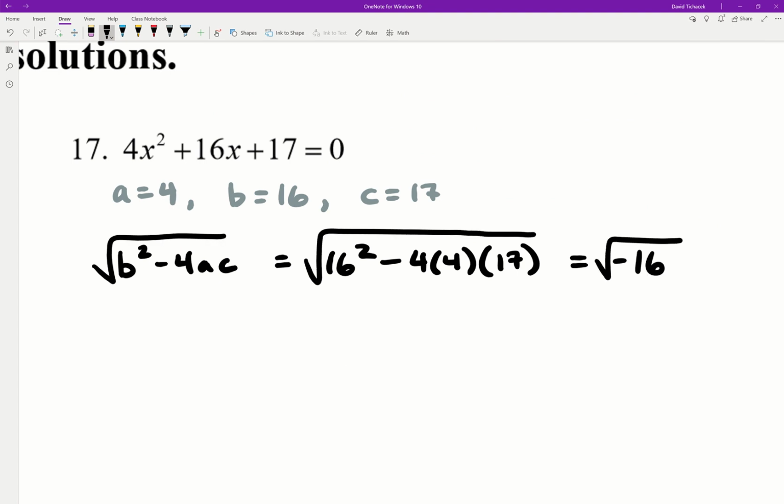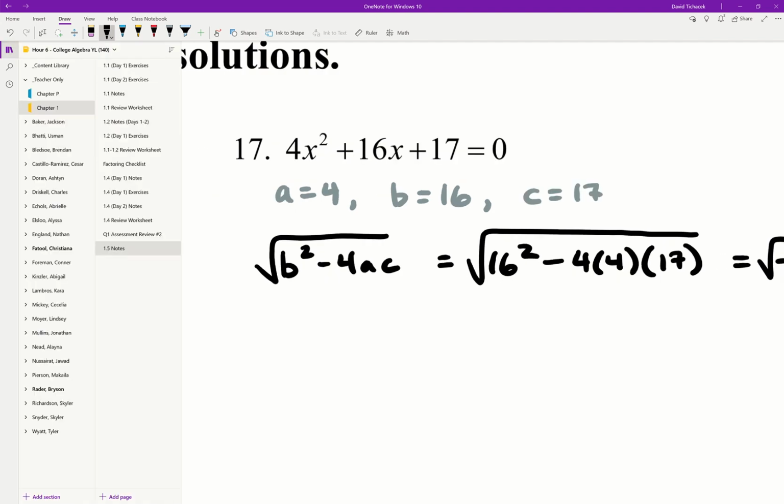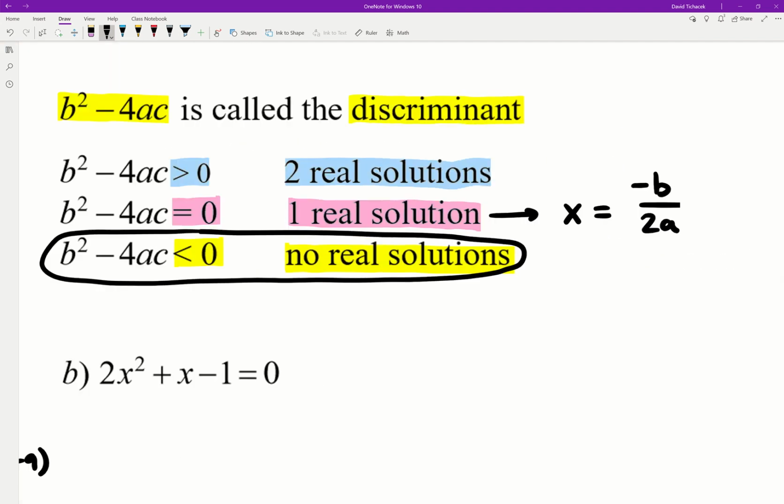Okay? And so we can see here that we're taking the square root of negative 16. That's why we said before that if you have this, then you're going to conclude no real solutions because you don't have any real solutions. But what we know now is that we would have some complex solutions. So instead of concluding no real solutions from now on, we're going to conclude that we have 2 complex solutions, and we're actually going to do the work to figure out what those complex solutions are going to be.